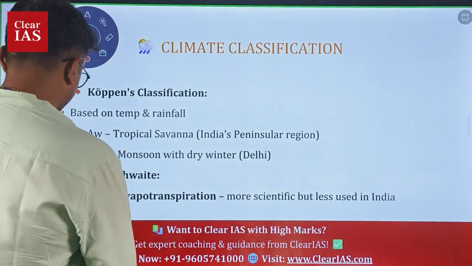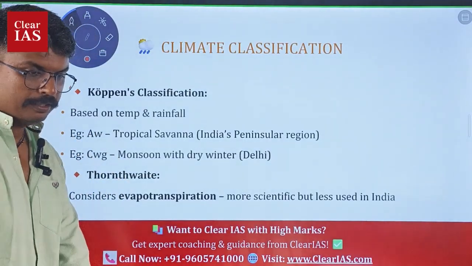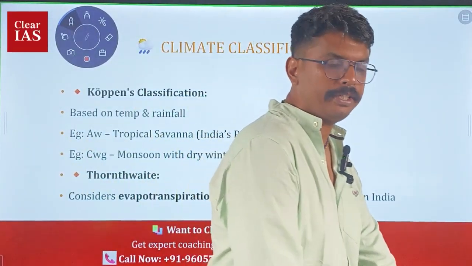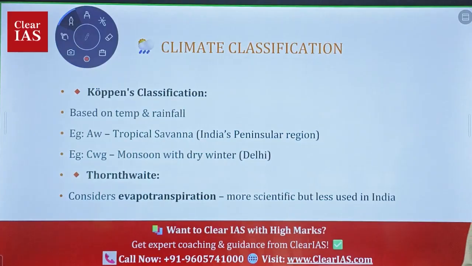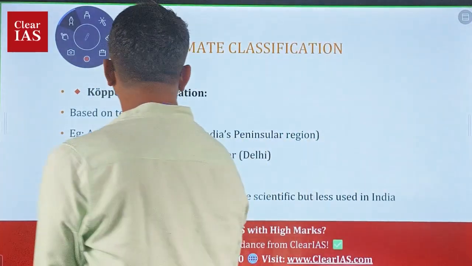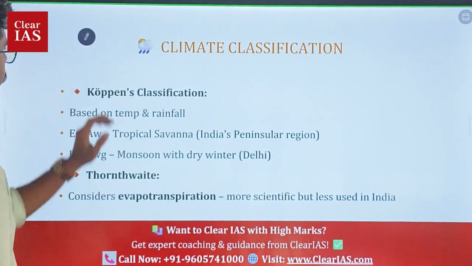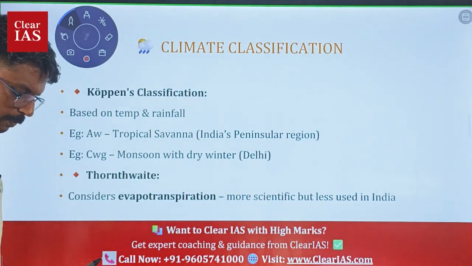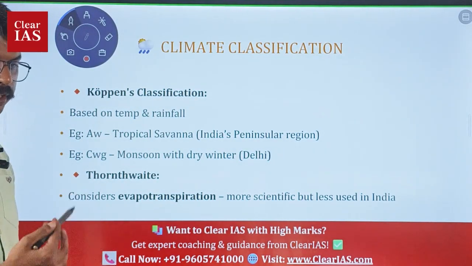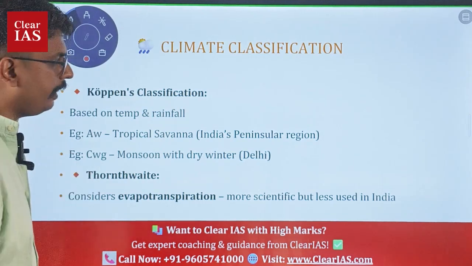Climate classification. Now, again, this is a topic alone that would take 3 hours to discuss. But now we just have to understand climate classifications. I'll give you a brief idea. So, there are different types of climates that you will study.